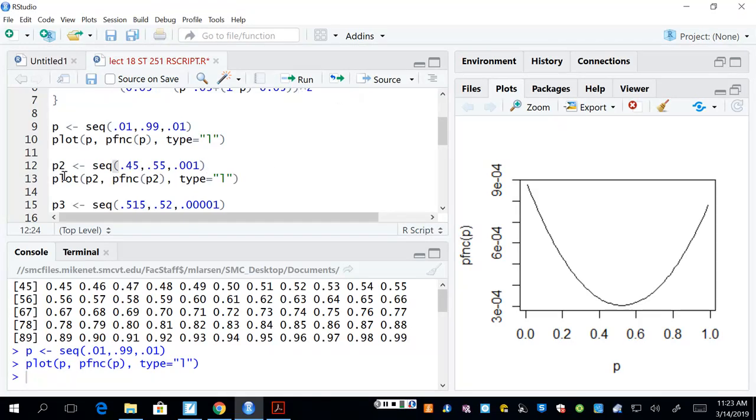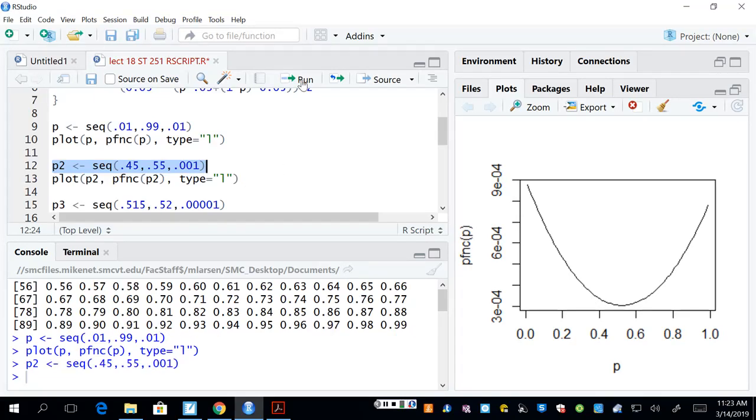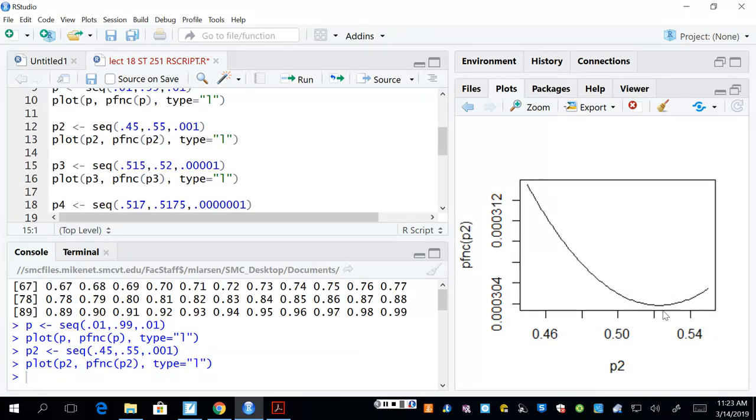So I can redo this, but now make my steps a little more precise. I'm searching for that p that makes the minimum. I think it's in here, and I'm going to put a little more dense part there and make my plot. So I'm still in there, and there's still that minimum.